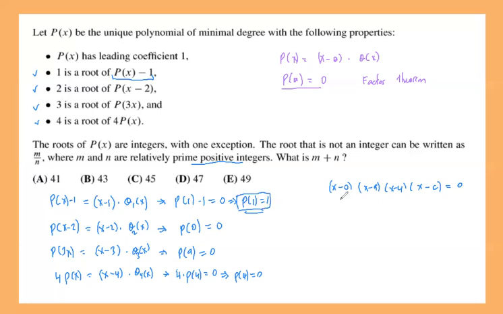If you plug x equals 1 into this polynomial, you will get just 1 times -8 times -3 times 1 minus c. And that's 24.